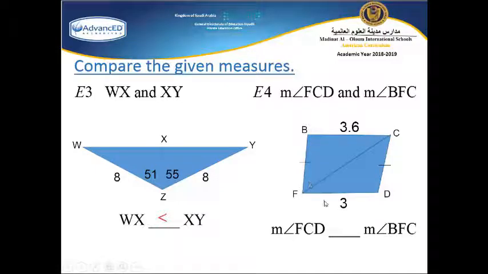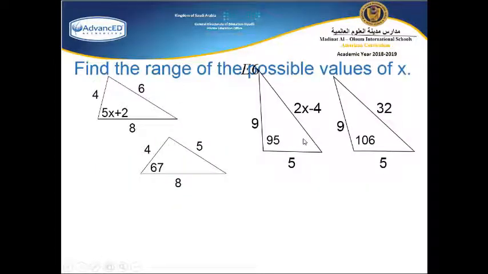Since the side 3 is smaller than the side 3.6, the opposite angle to the side 3, angle FCD, is less than the other angle, angle BFC, opposite to the side 3.6.